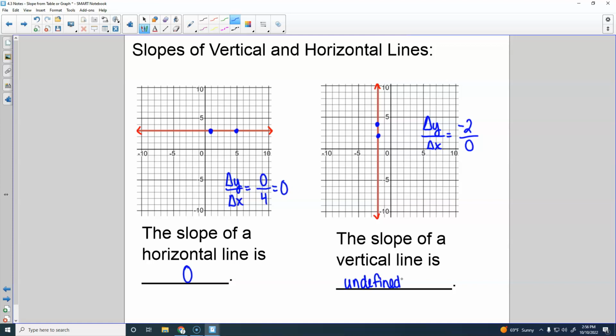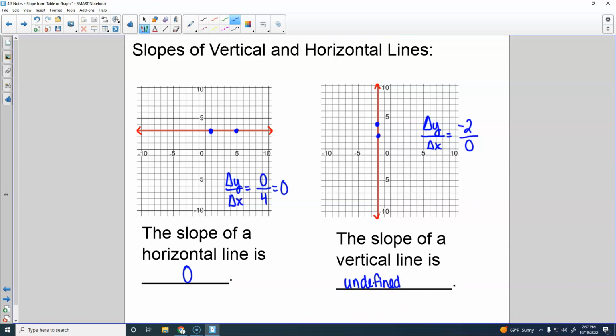So if you have a slope of 4 versus a slope of 0, 4 is way steeper. If you have a slope of 7, that's even steeper. So if you go all the way to a vertical slope, that's maximum steepness. It is so steep that you can no longer even describe its steepness with a number. We just have to say it's undefined. So it's like a cliff right there.